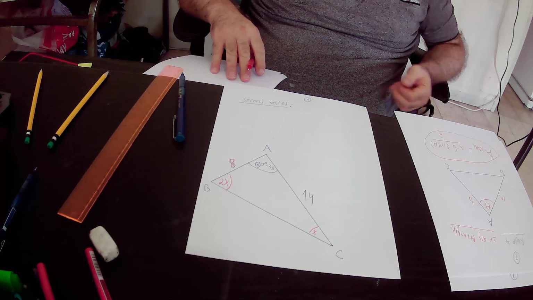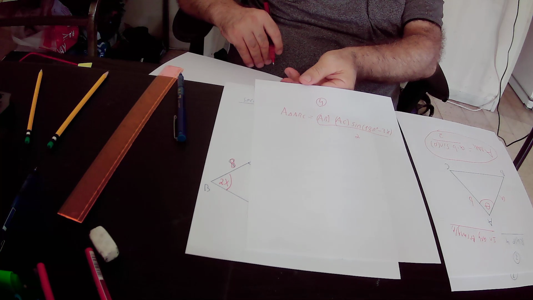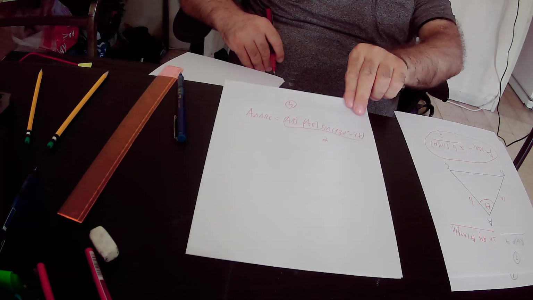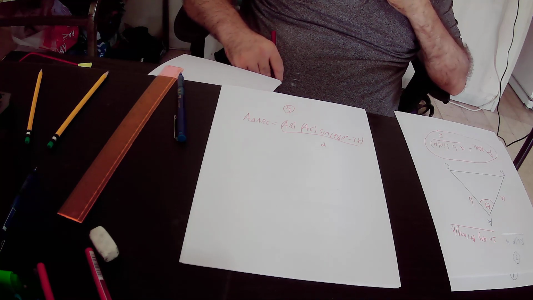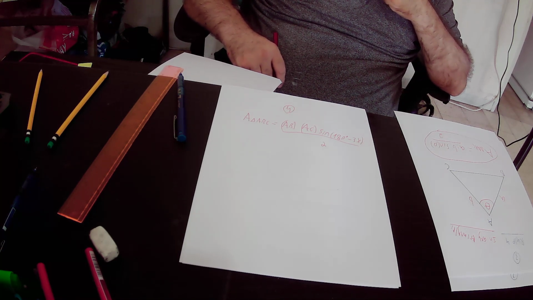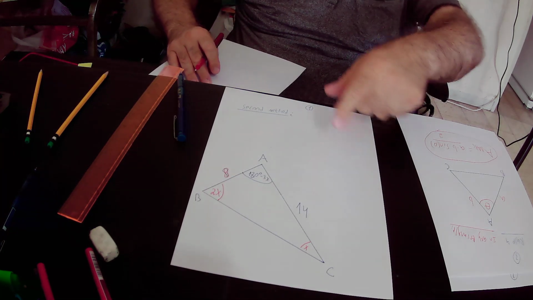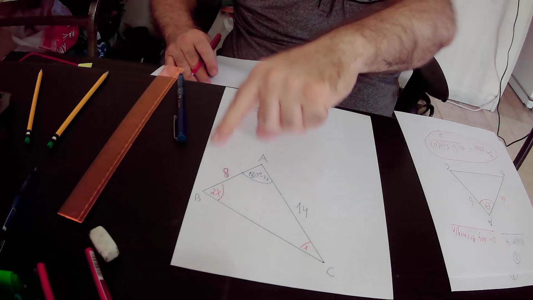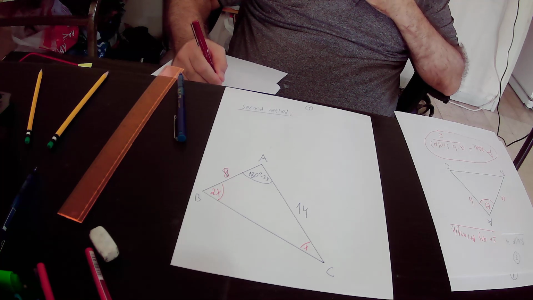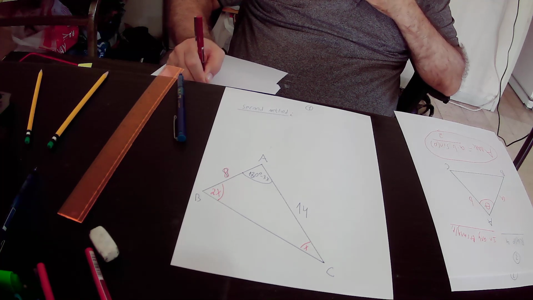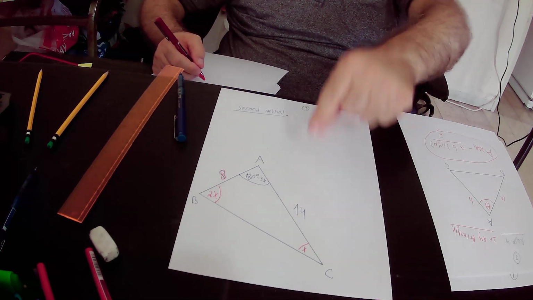Okay, so the area of triangle ABC according to rule number 4 equals AB times AC times sine of 180 degrees minus 3x over 2. But what is the value of AB? AB equals 8 units. What is the value of AC? AC equals 14 units.